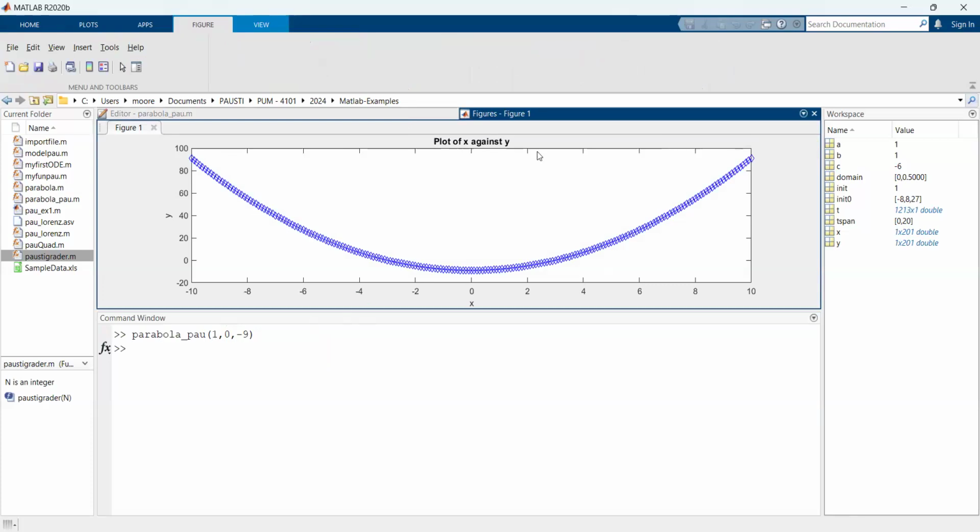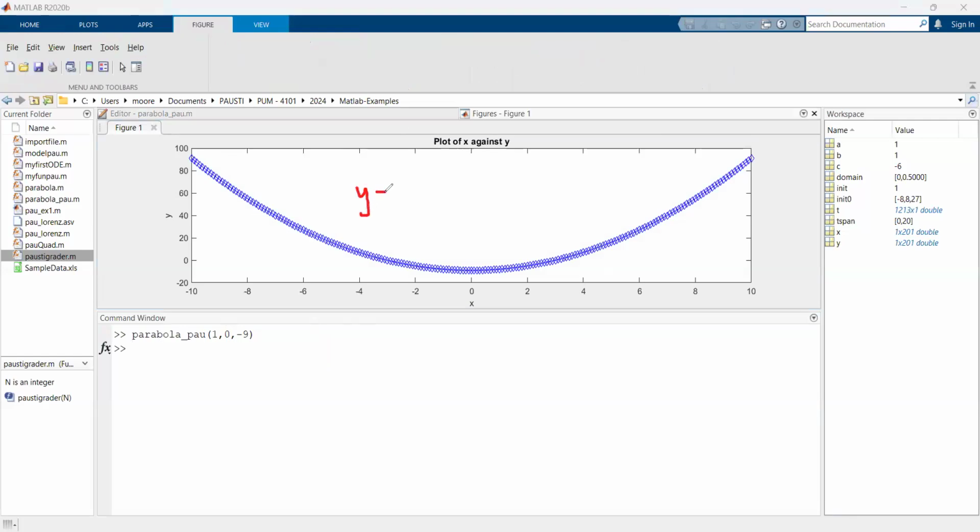The function that we've plotted here now looks like y is equal to x squared minus 9, right? This is what it means. This is A, B, and C. So whenever you write parabola pow and you put 3 parameters in there, it gives you a plot for that. So this is what a function does in that sense.